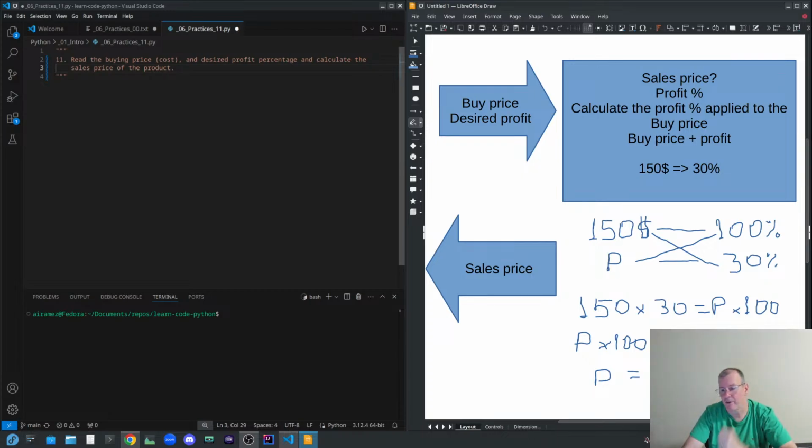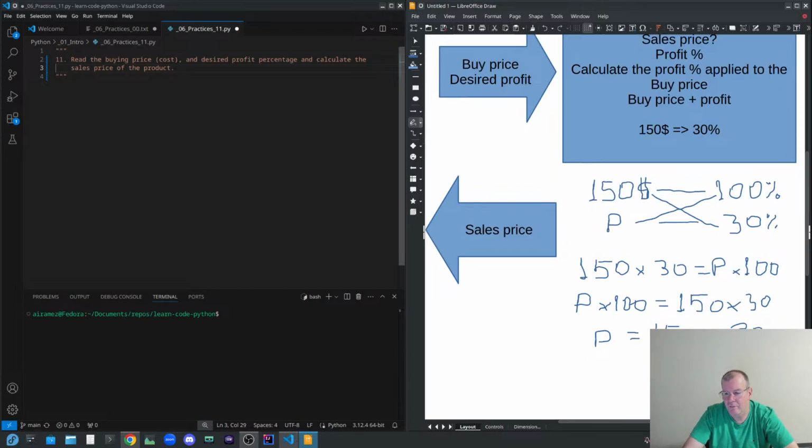Sorry, there is an easy way to do this. We have like 150 here and 30 here. So we can cancel those zeros, because we can divide by 100.